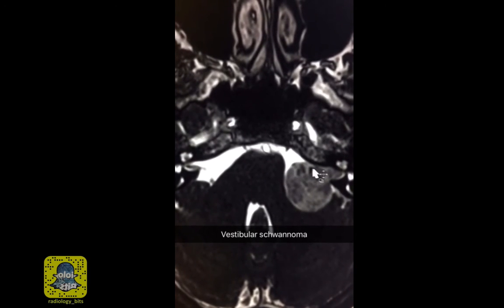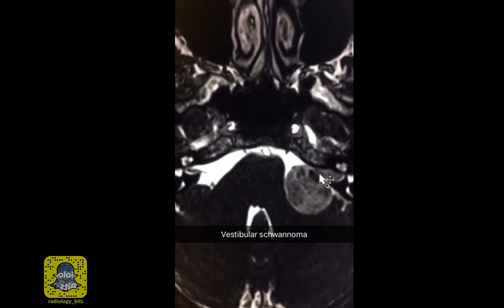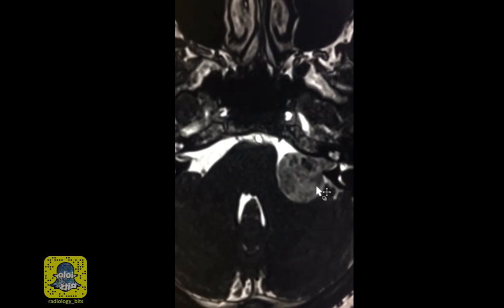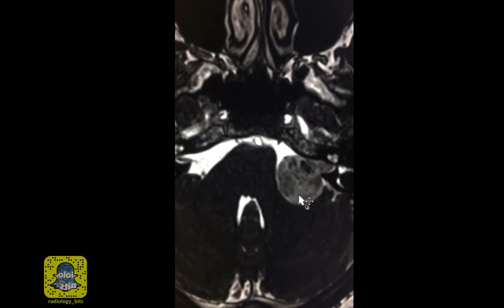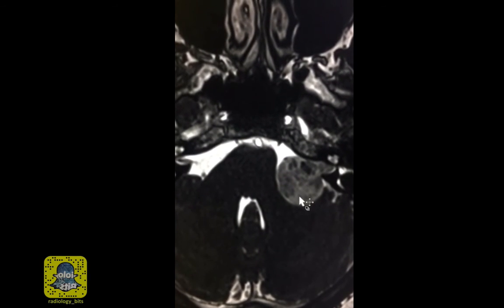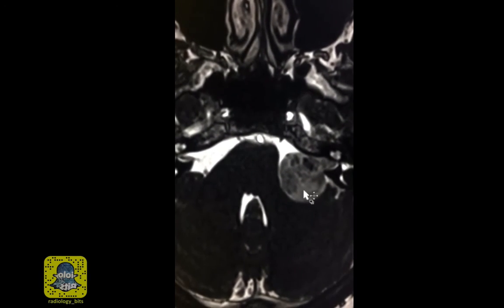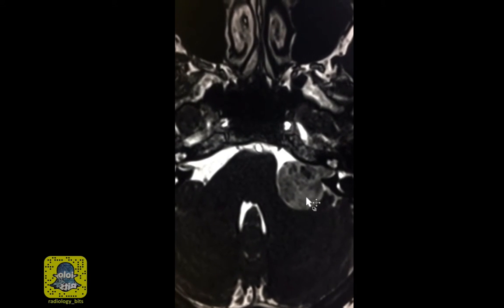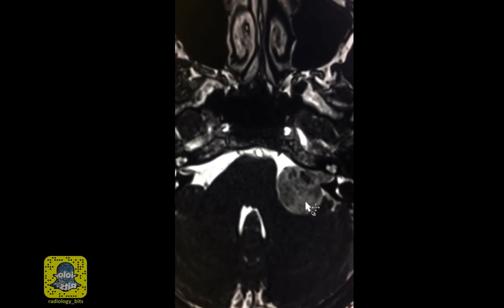Now, this described appearance is so classic for something called vestibular schwannoma. You may have known this lesion by another less accurate name known as acoustic neuroma. So this is a nerve sheath tumor that arises from the vestibular component of the vestibulocochlear nerve, nerve number 8.